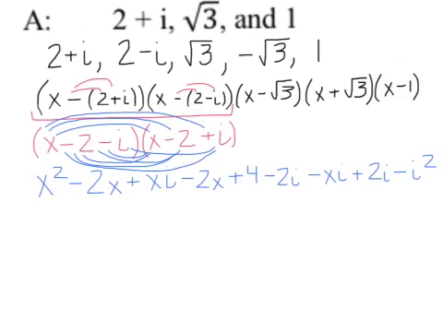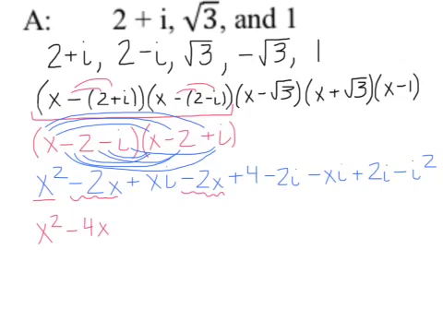Okay, so that was a whole lot of distributing. Now we need to combine like terms and simplify this. So x squared, that's the only one, so we'll just put that here. Then we have a minus 2x and a minus 2x, so that's minus 4x.